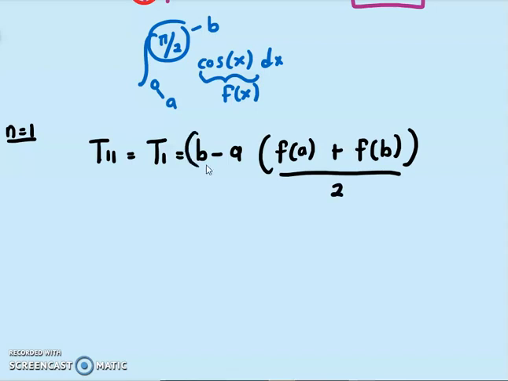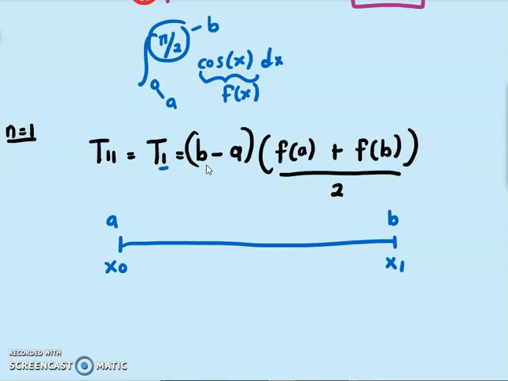This is for n equals 1, which means you have just one interval, where x0 is my a and x1 is b. Here a is 0 and b is pi over 2. Since you have that, now you can just substitute.